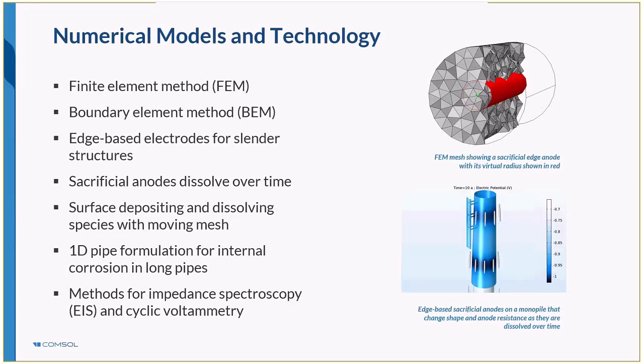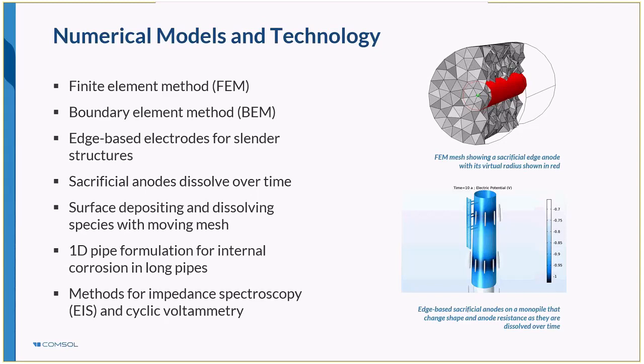So the way COMSOL models corrosion processes, well, the main numerical model used is the finite element method. And for certain types of systems, we also offer the boundary element method, as this can be a better way of modeling large-scale systems. So the main reason this is useful for modeling large structures is it is a slightly more memory efficient method of representing very large domains.